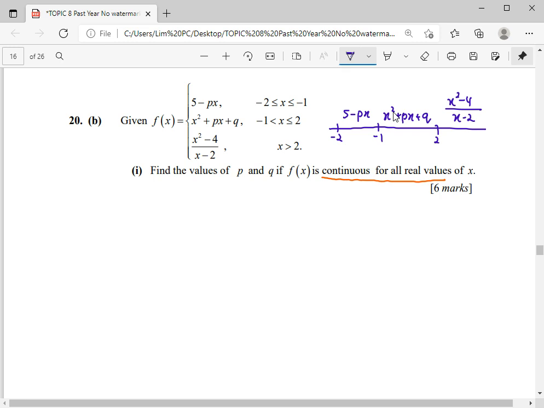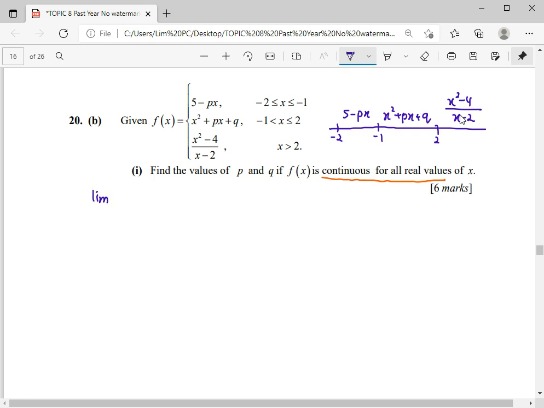When x equals negative 1, the left-hand side and right-hand side are different functions, so we want to make sure they are equal. The other concept is when x equals 2, where the function changes, we want to make sure it is continuous. The limit from the left-hand side must equal the limit from the right-hand side. Those are the two concepts we have here.